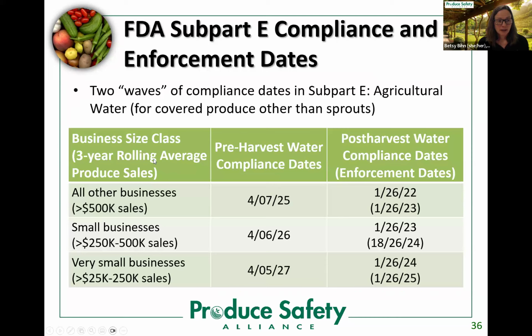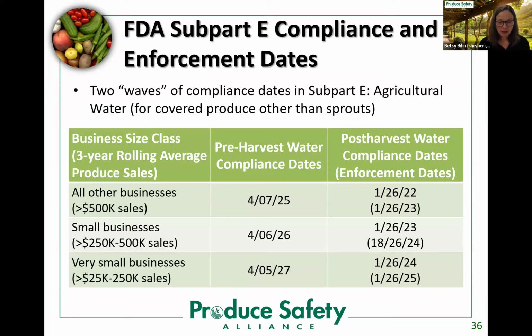Next slide, Donna. As a reminder, the PSR covers sprout production, and then there are sections for pre-harvest water and post-harvest water. So this does not change sprouts, and it doesn't really change the practices for harvest and post-harvest.